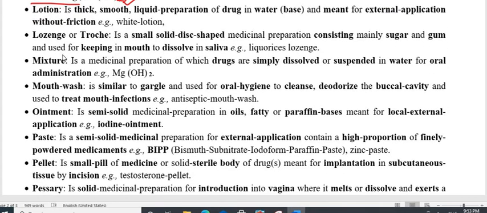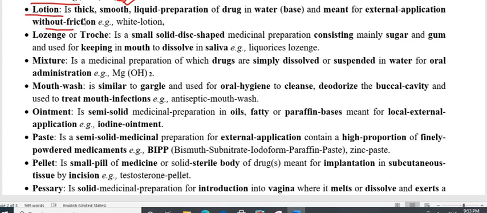Now we have to go through the other dosage form, the lotion. So lotion is also a liquid preparation like liniment, but lotion is usually used without friction, whereas the liniment is used with friction. This is the difference between lotion and liniment.